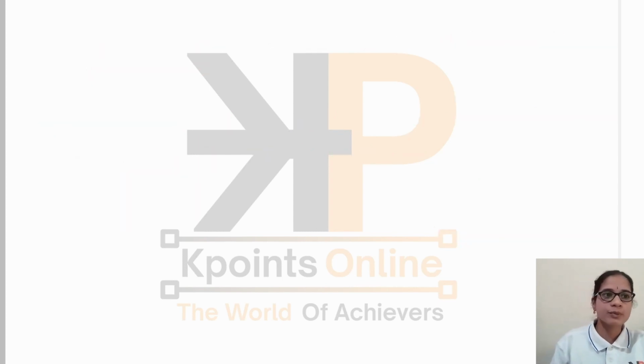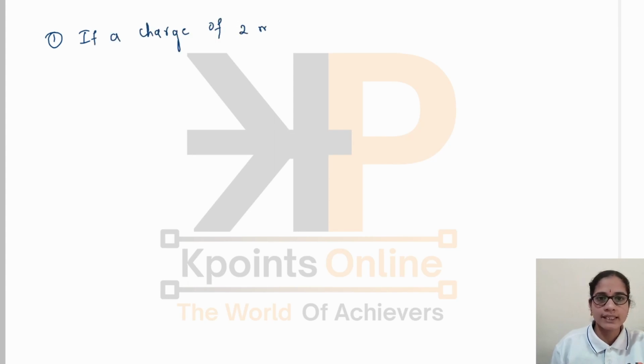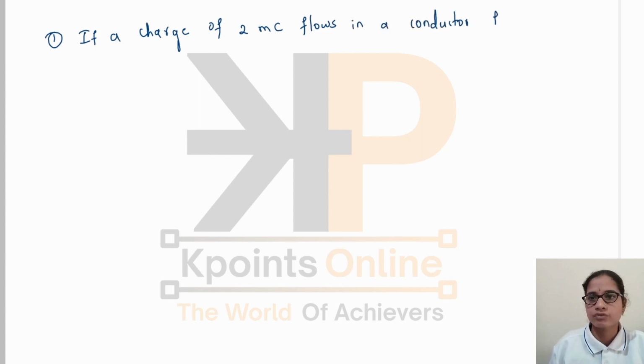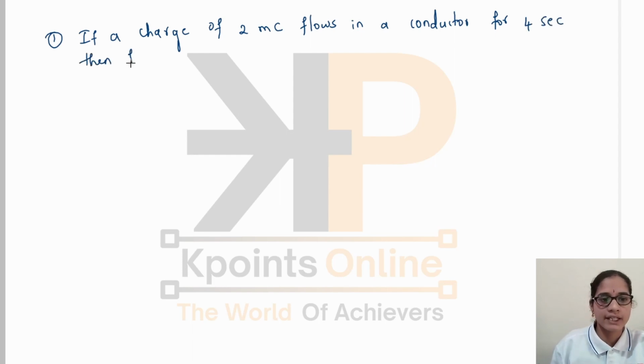Let us solve some numericals here. Question number 1. If a charge of 2 millicoulomb flows in a conductor for 4 seconds, then find electric current.